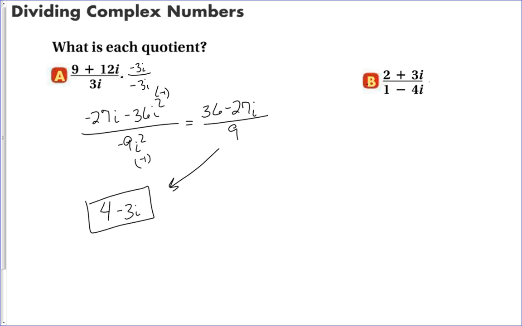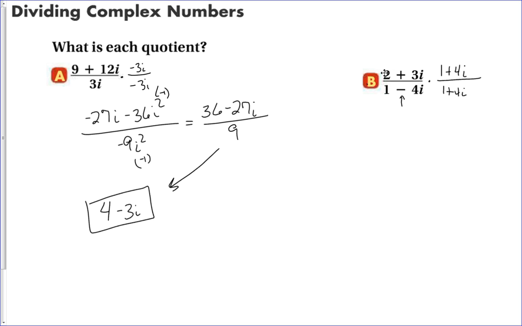Okay? So let's look at this one. We're going to do the same thing. We're going to multiply the top and bottom by the conjugate of the bottom. So all you do is you change the sign on the imaginary terms. So this is going to be 1 plus 4i and 1 plus 4i. Now you just multiply together.